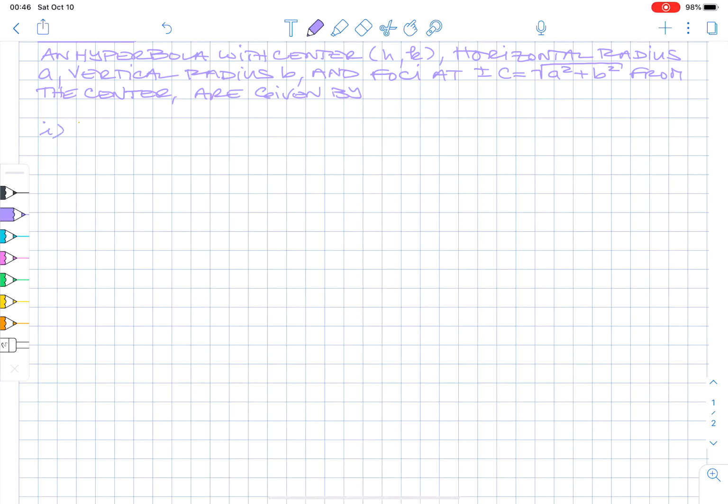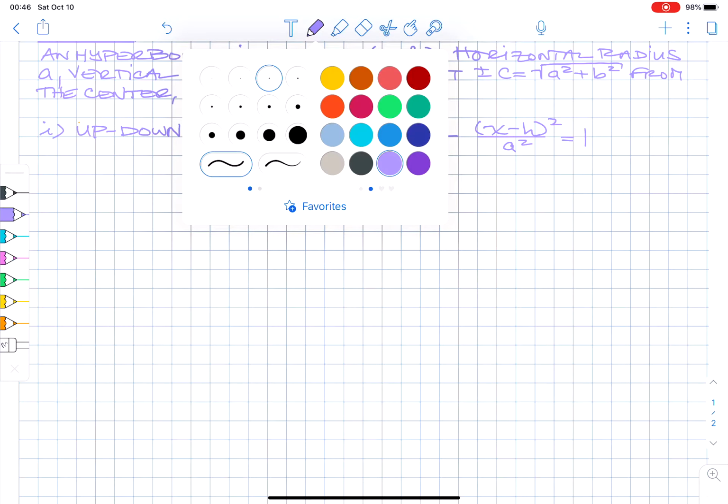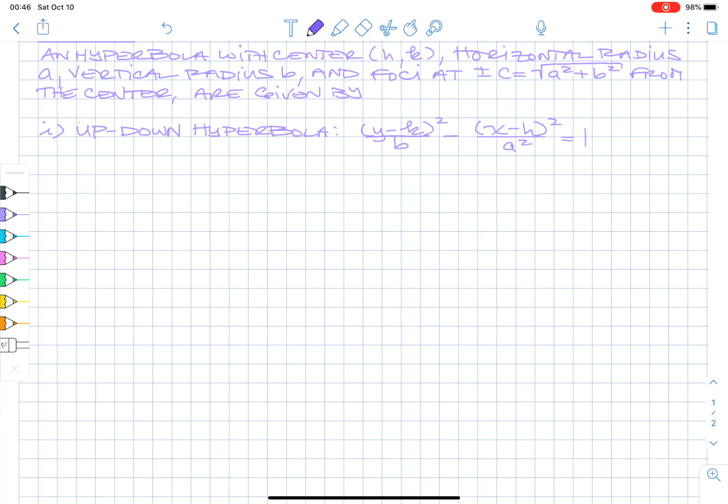Number one, an up-down hyperbola will be given by (y minus k) squared over b squared minus (x minus h) squared over a squared equals 1. Note that this is an up-down hyperbola, hence the term involving y is written first and it's positive, whereas the term involving x is written second and it's negative.